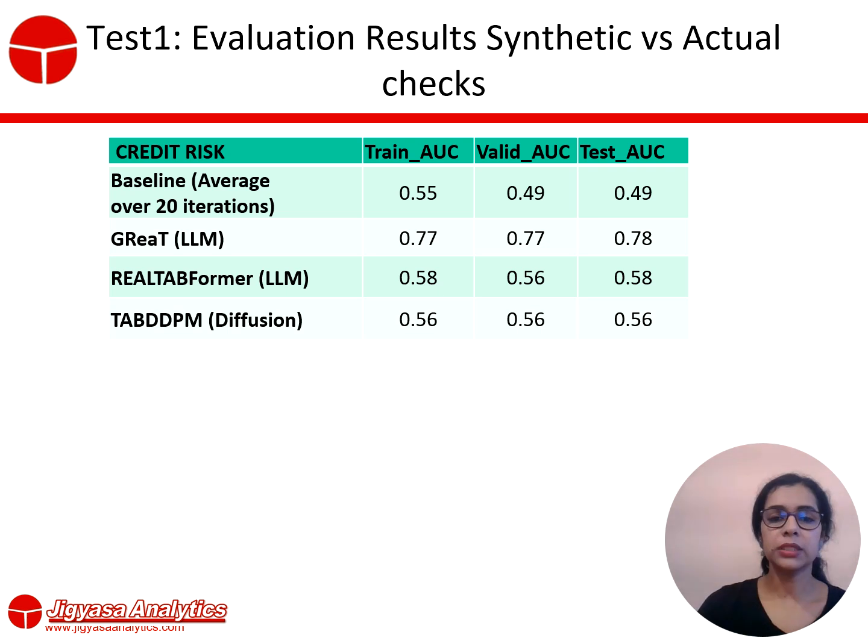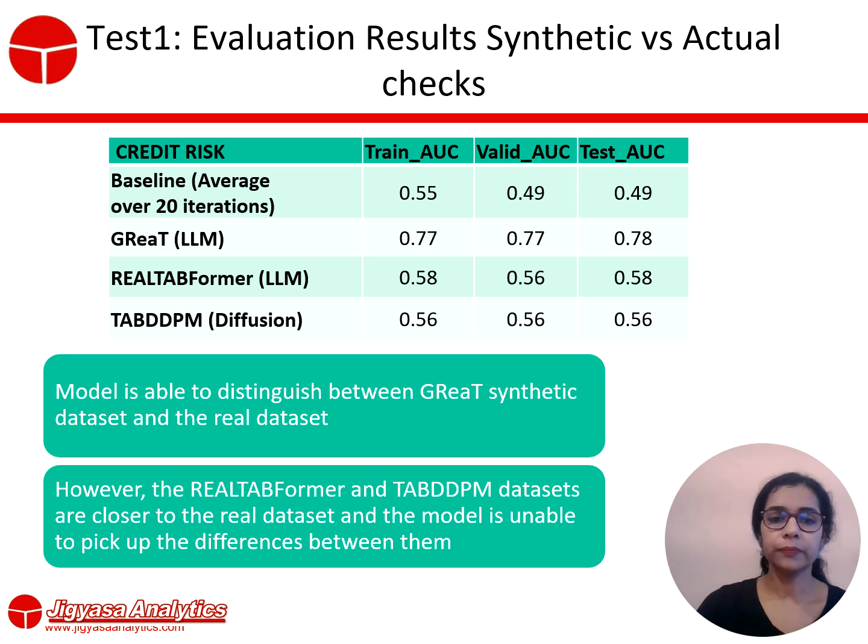Because both splits are actually real data, the model is just guessing with no meaningful pattern. As a result, the average test AUC in the baseline check is 0.49, which is near random performance, and this is expected.